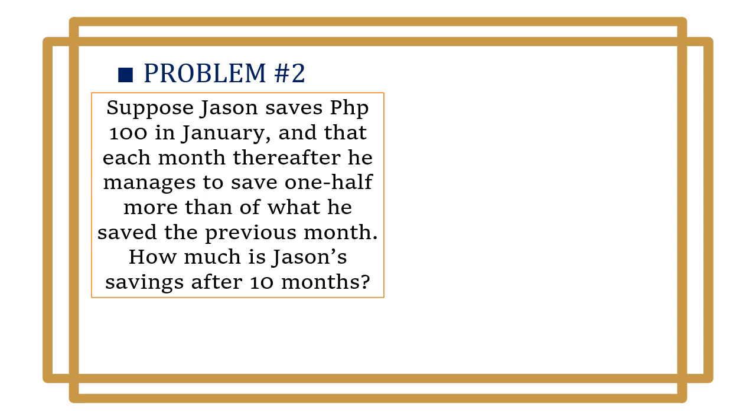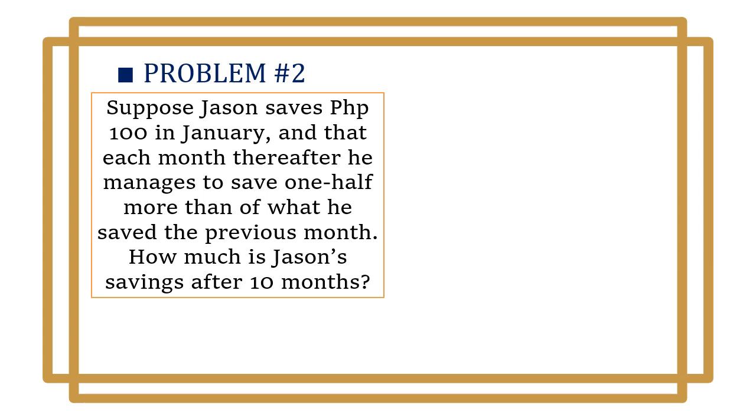And if we convert that 50% to decimal, that is equivalent to 0.5, right? So as described, each month he saves one half more than what he saved the previous month. Therefore, you add another half of the value of what he saved the previous month.